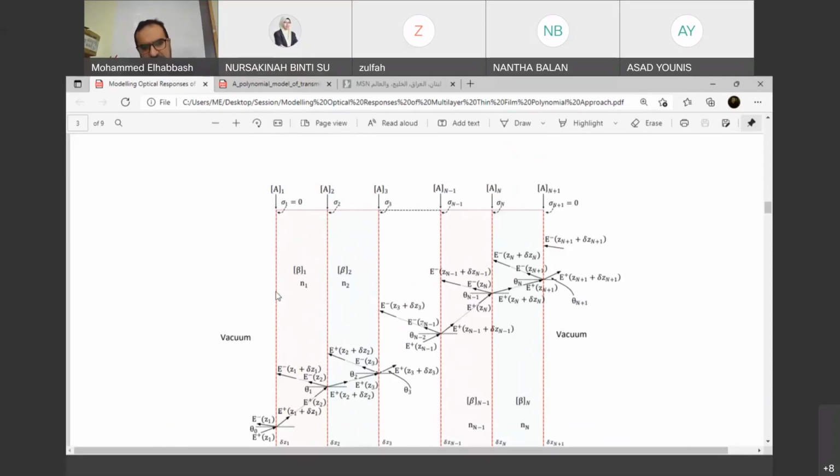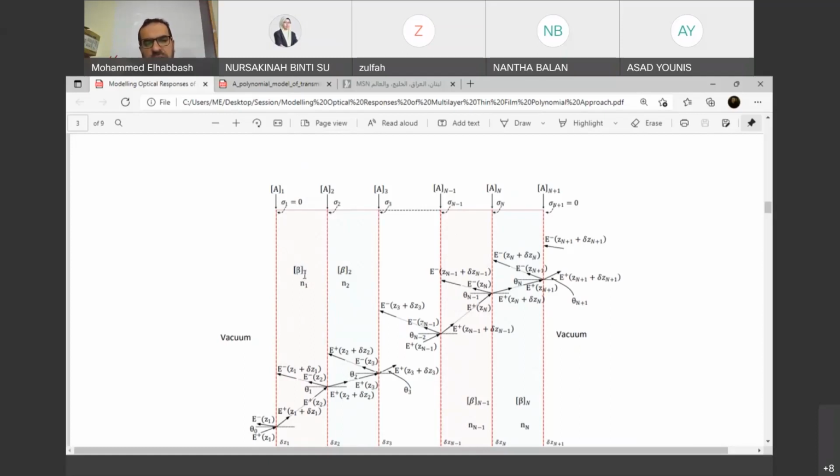After that, the electromagnetic field will travel through this layer, whatever the thickness of the layer, but here we have a beta matrix or propagation matrix for the material number 1.